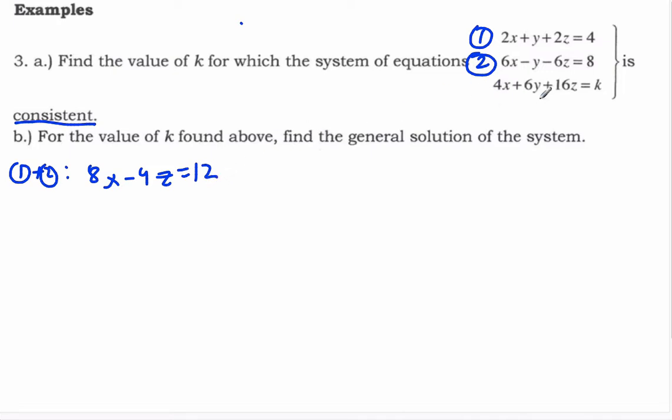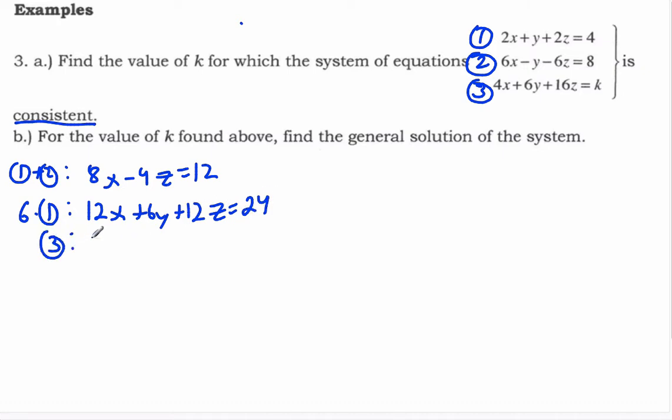And now we need to use another set of equations and eliminate the z. I'm going to do that for 2 or maybe 1 and 3. Looks a bit easier. So for equation 1, I'm going to multiply by 6. And I get 12x plus 6y plus 12z equals 24. And then write down equation 3 again.